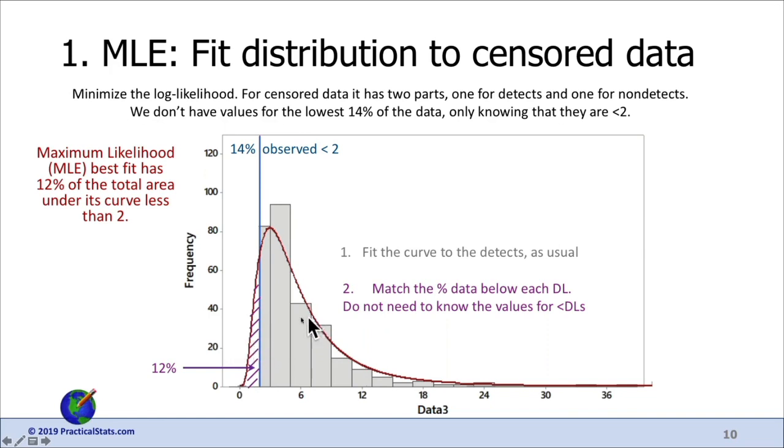In this case, with the best fit, maximum likelihood decides that there's 12% of the data underneath the best fit curve. So we've come close, with 12% being close to 14%, and apparently by trying to make it 14%, that decreases the fit here for the detected values. And so it's a trade-off.